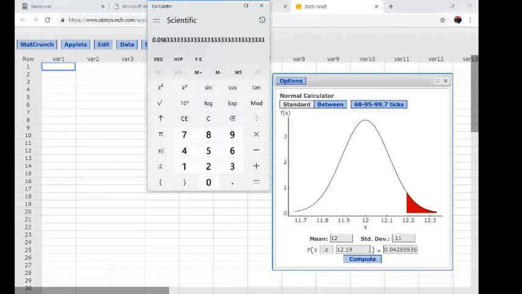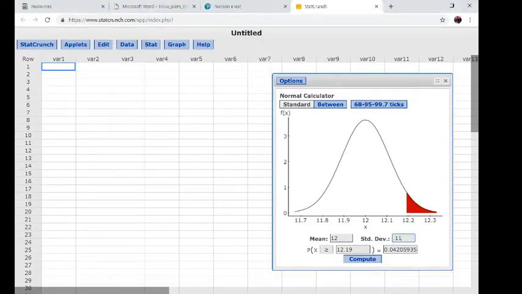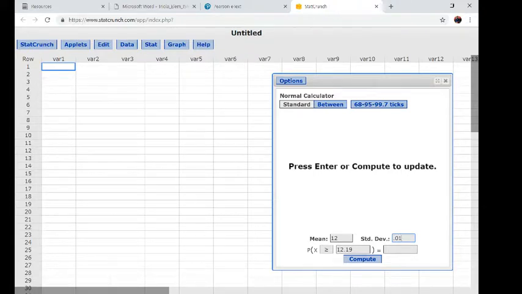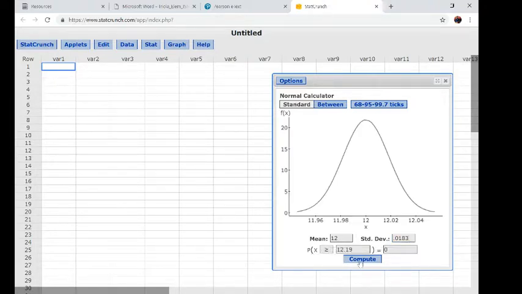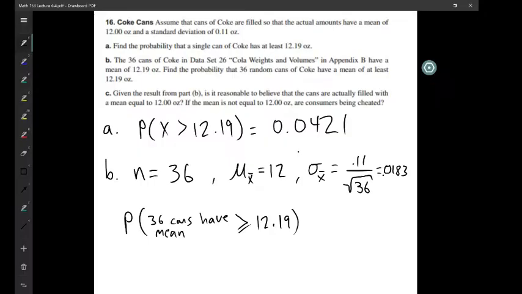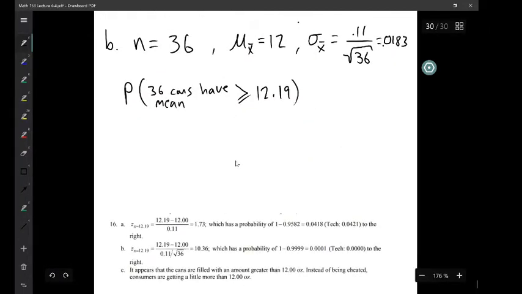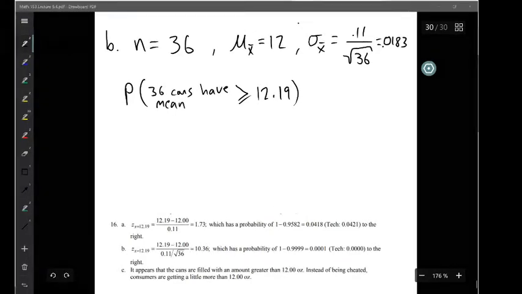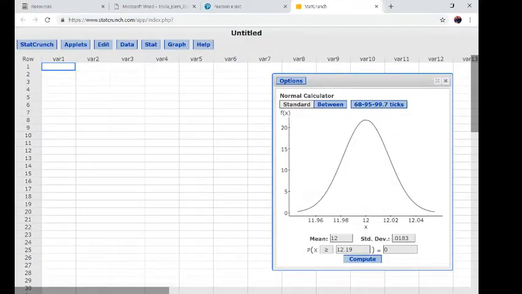So we use our adjusted standard deviation, 0.0183. And then x greater than or equal to 12.19. And we get 0 here.